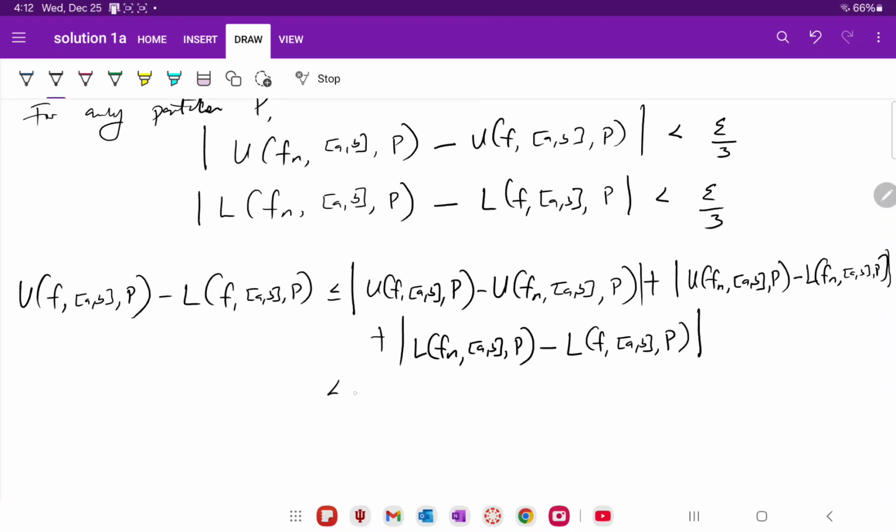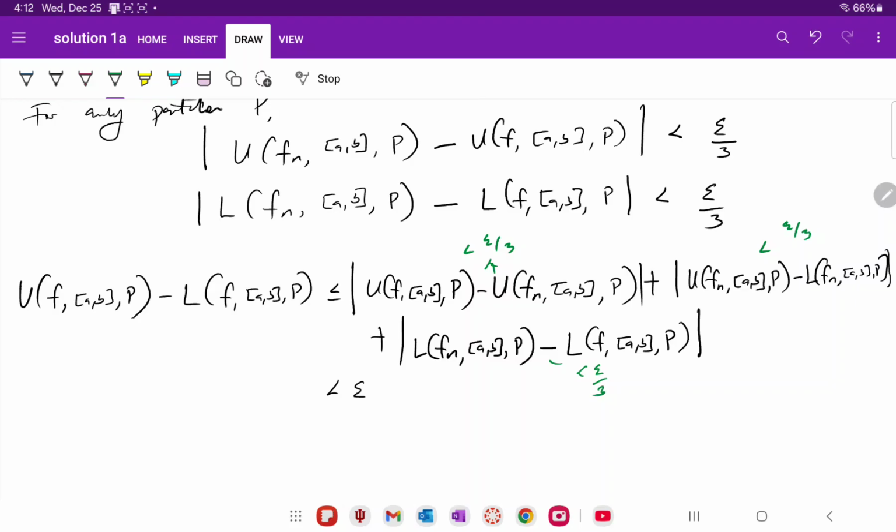Okay, and all this is less than epsilon because this is less than epsilon over 3. This is also less than epsilon over 3. This is also less than epsilon over 3.